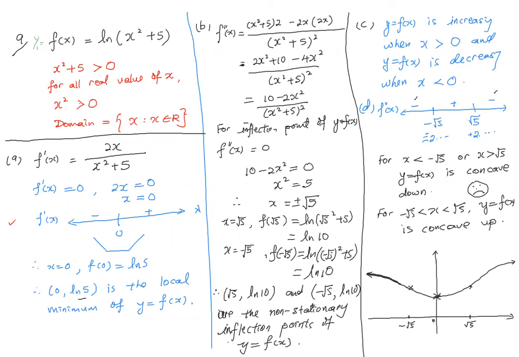So this is the one that you are supposed to sketch. So you put the important points: ln 5, and the inflection point here, √5, ln 10, symmetrical, negative √5, ln 10. So you sketch the graph, and you got the answer.